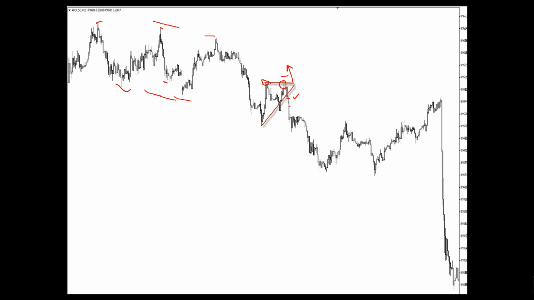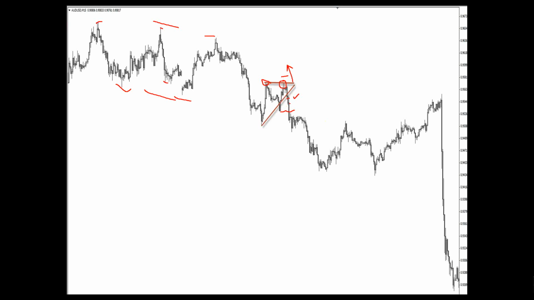I would wait, and I would probably close my scalp trade around there because I see that this is a strong support, right? It has a tweezers pattern here, and it went to the upside, so this is support. I would close my trade around there, giving me, I don't know, 15 pips.